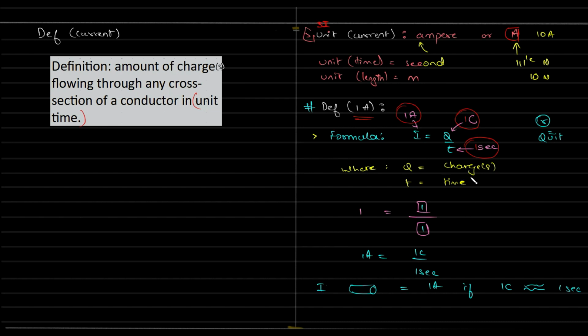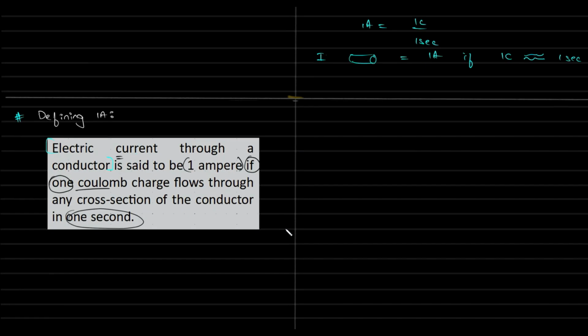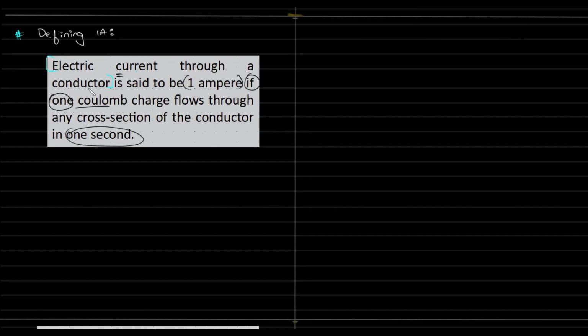If you know the formula and the units, writing the definition is not a big deal. Of course, the sentence framing will be altogether weird, but if you make sense out of it, you won't lose marks. You can't miss the words 1 ampere, 1 coulomb of charge flowing in 1 second. If you don't miss these keywords, you're pretty much done with the definition.